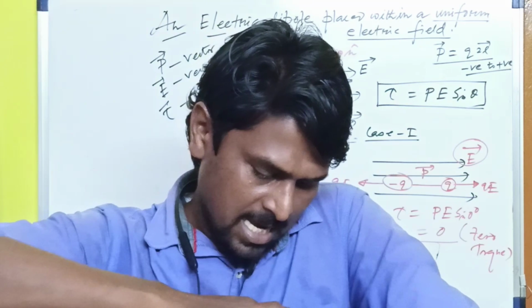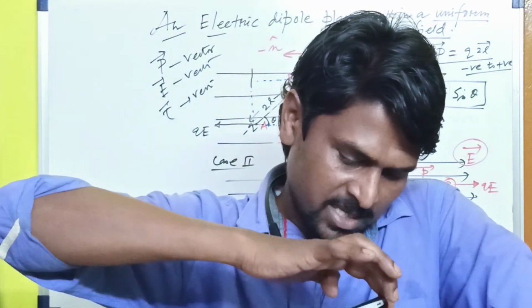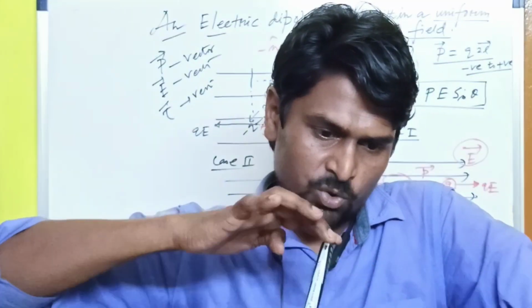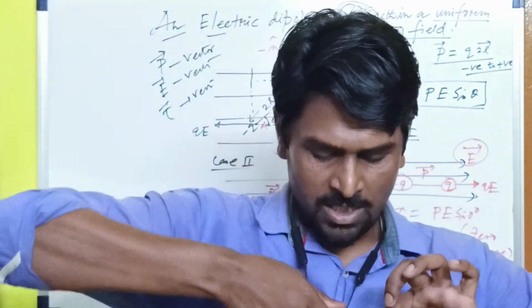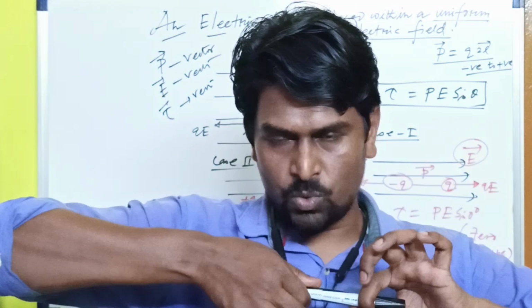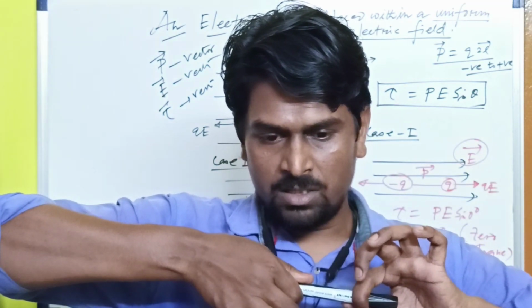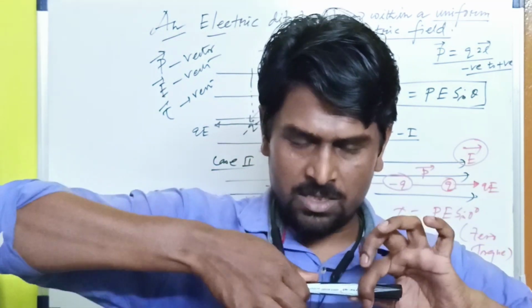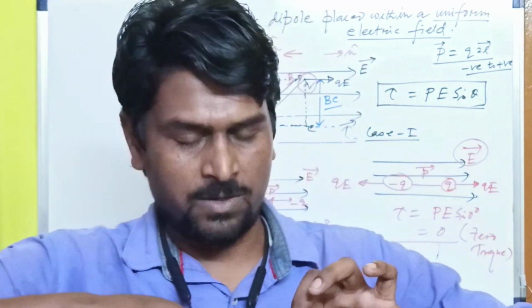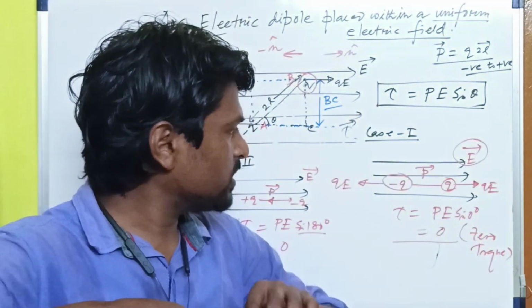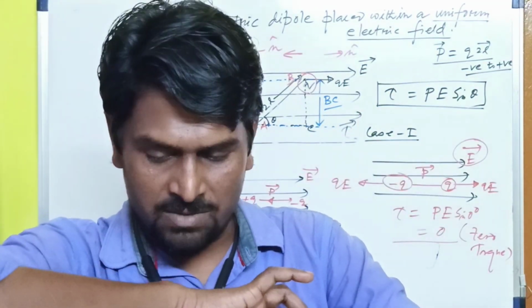But if we displace this pen, then it rotates. So this is the unstable position, but this is the stable one. If we displace this one, it can't rotate, and if it rotates, within a second it attains the equilibrium position. So this is the stable equilibrium, but this one is the unstable equilibrium.